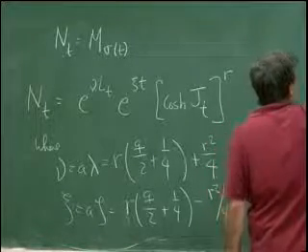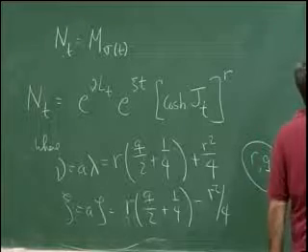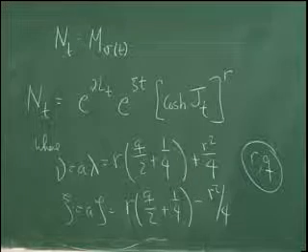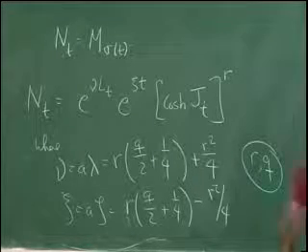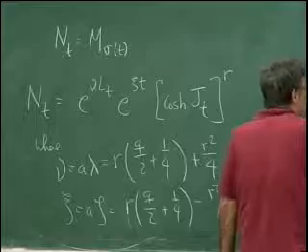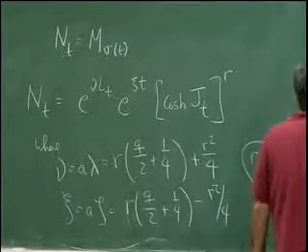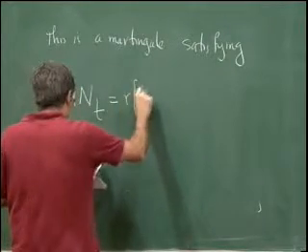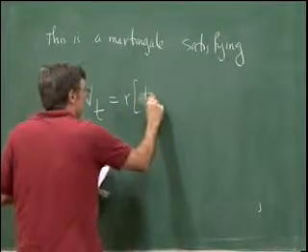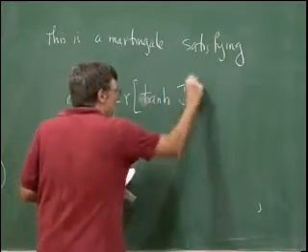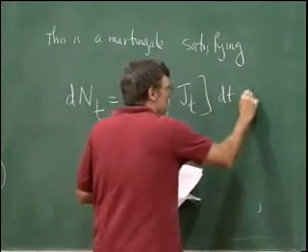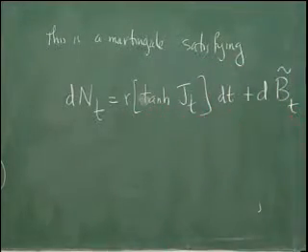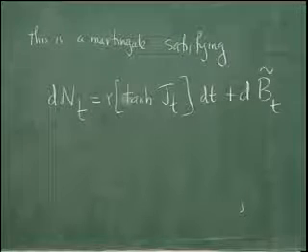And this is a martingale satisfying dn_t equals r tan j_t dt, whole bunches of calculations.